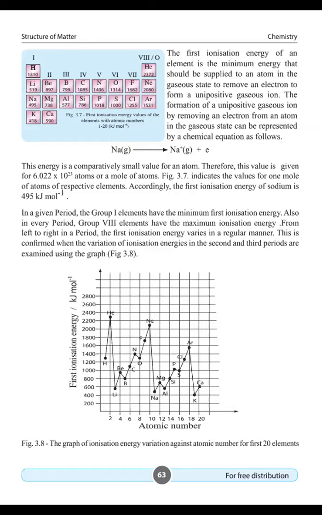Now, in a given period, the group 1 elements have the minimum first ionization energy. Group 8 elements have the maximum ionization energy. Also, from left to right in a row or a period, the first ionization energy varies in a regular zigzag manner.